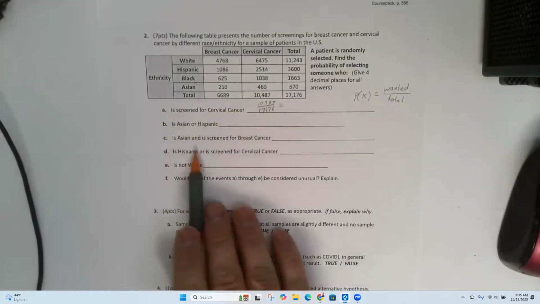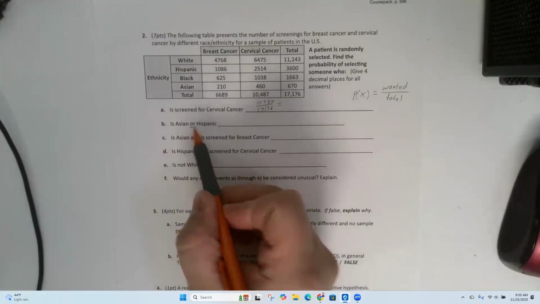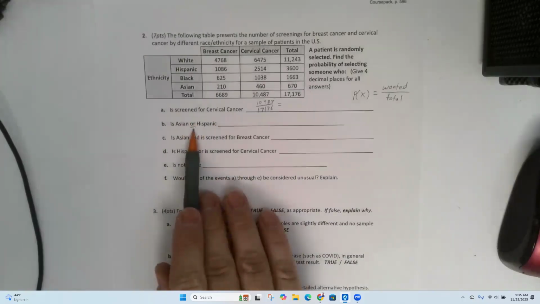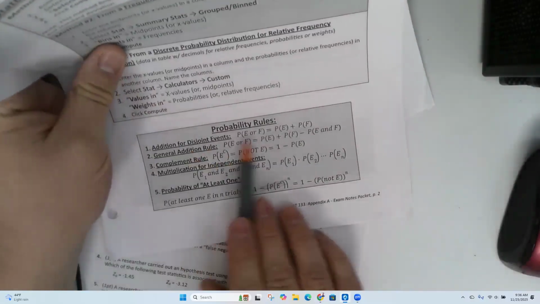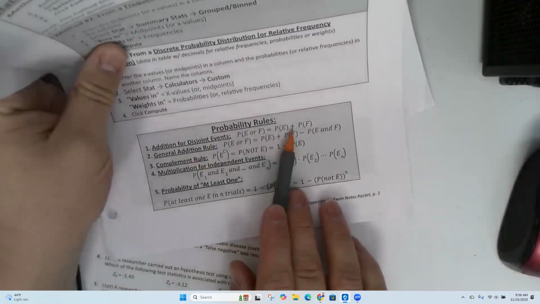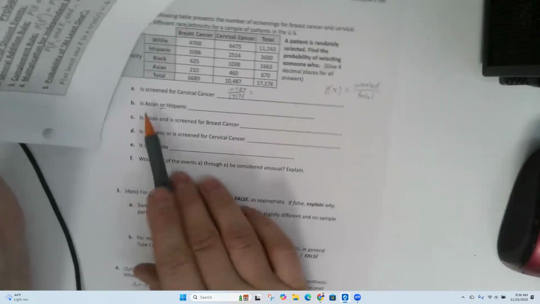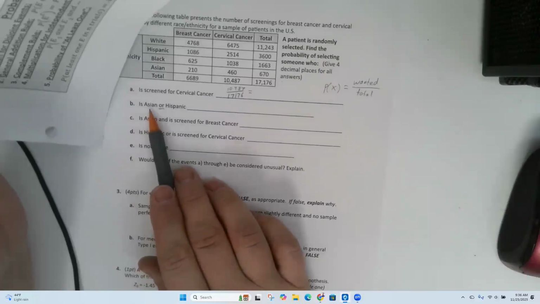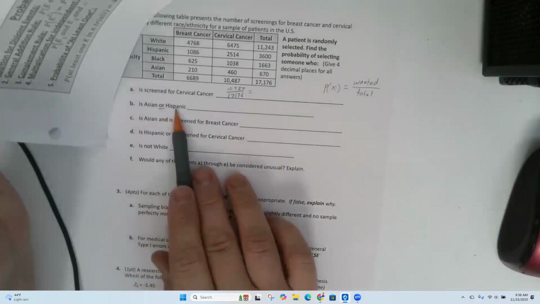When you see the word or in statistics, you'll use either one of two approaches. If the events are disjoint, you just add them together. For example, someone can't be Asian and Hispanic at the same time, so these are disjoint.